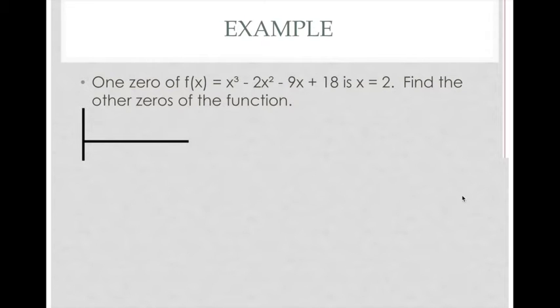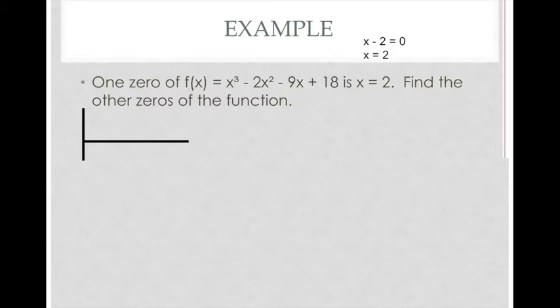Okay, so it says one zero of f of x equals x to the third minus 2x squared minus 9x plus 18 is x equals 2. Find the other zeros of the function. So I'm going to find my factors and then set each factor equal to 0 and solve. So I'm going to use synthetic division to do this.